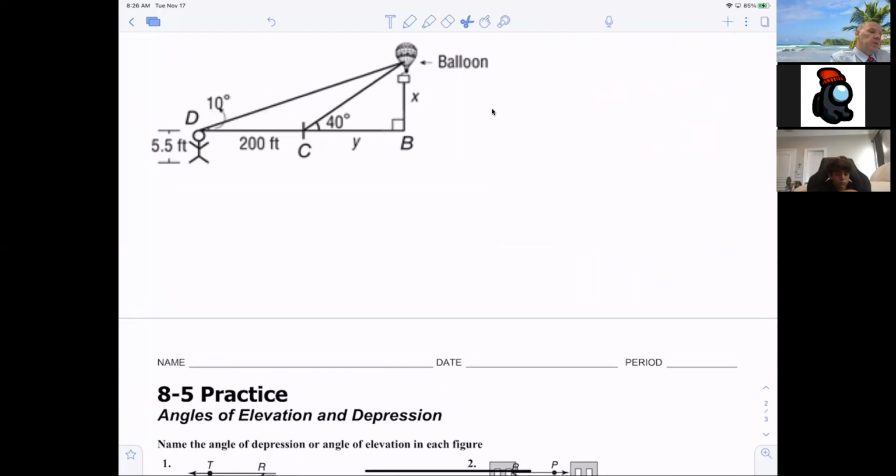So I want everybody to look at the small right triangle and tell me what equation I could use. Yes, so how do I set up an equation that relates the 40, the x, and the y? That's the question.